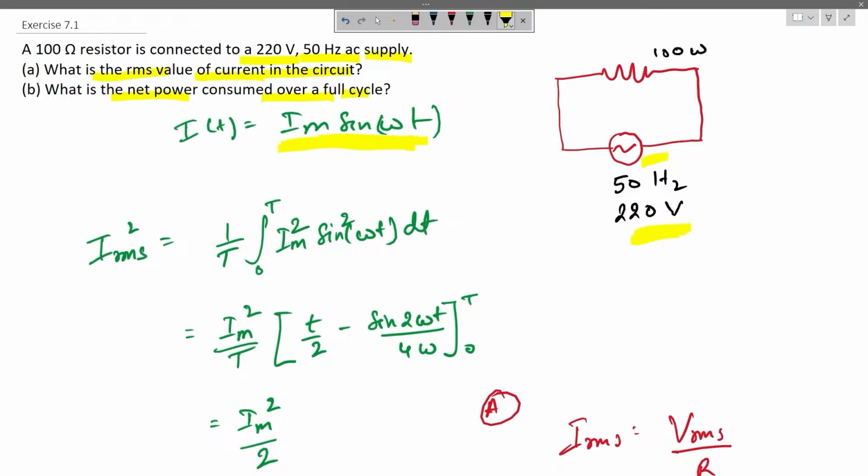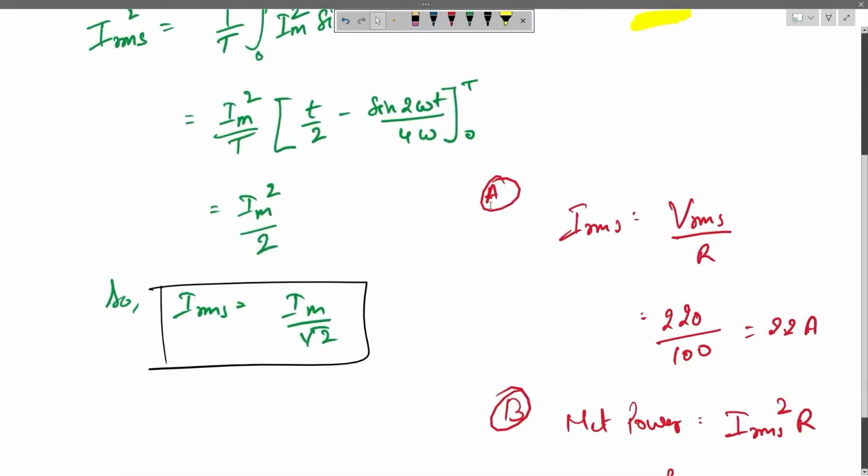If we find this definite integral, we will come to know that I RMS squared would be equal to Im squared by 2, or we can say that I RMS is equal to peak current by root 2.